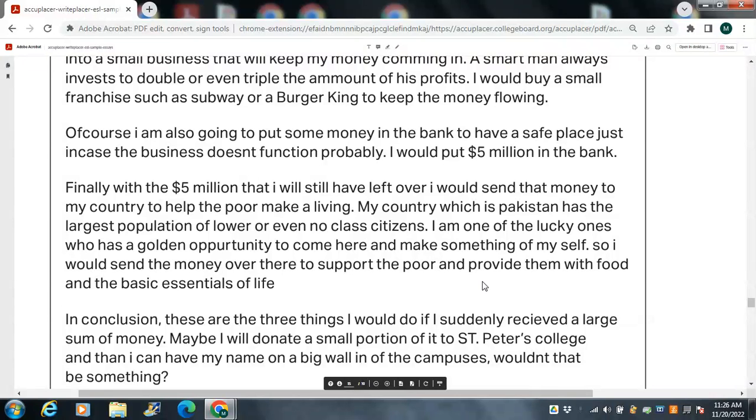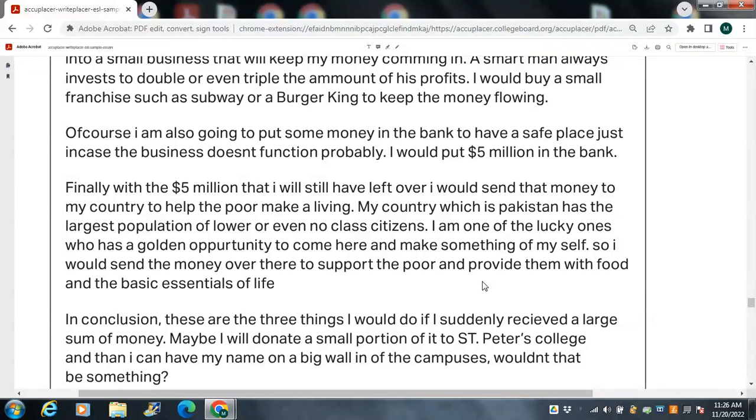So I am one of the lucky ones who has had a golden opportunity to come here and make something of myself, comma. So I would send the money over there to support the poor and provide them with food and the basic essentials of life, period. And that could have been a beautiful compound complex.